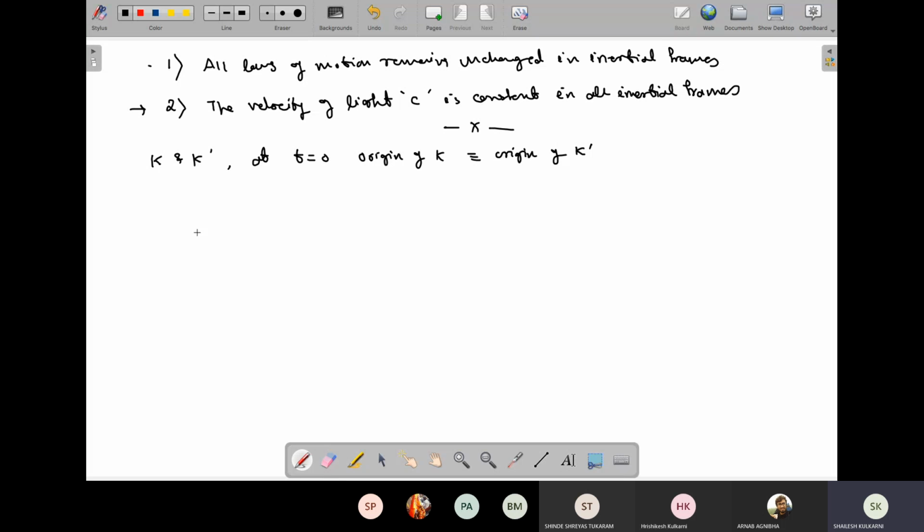Now let us consider two points, p1 and p2, in frame k. p1 is labeled by t1, vector x1, and p2 is labeled by t2, vector x2.